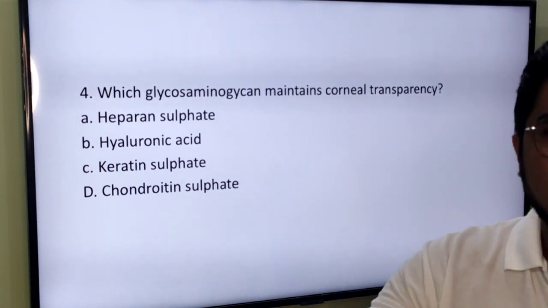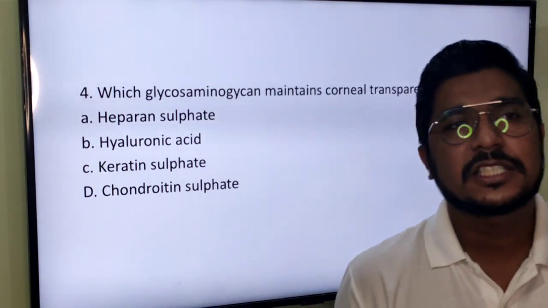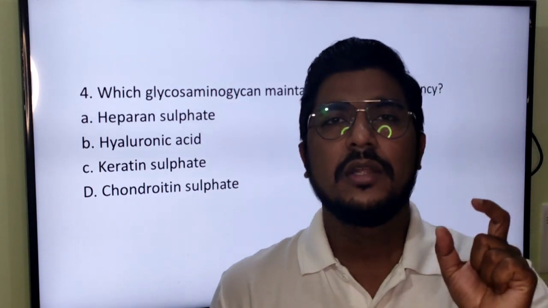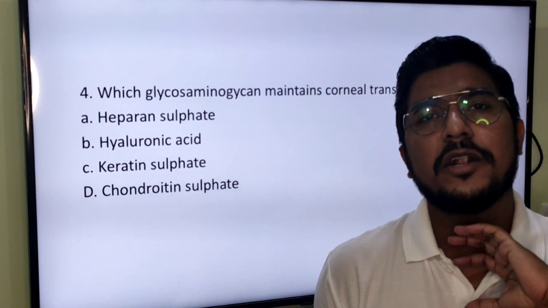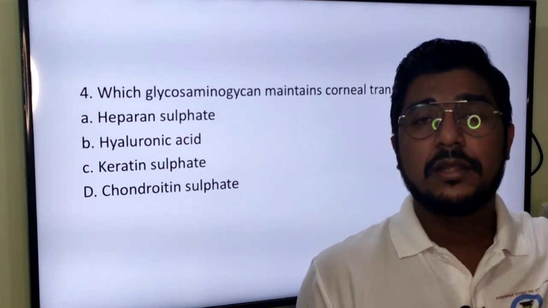One, this is Maurice's theory. Second thing is that the fibers are so small compared to the wavelength of light that they are not interfering with the transmission of light.